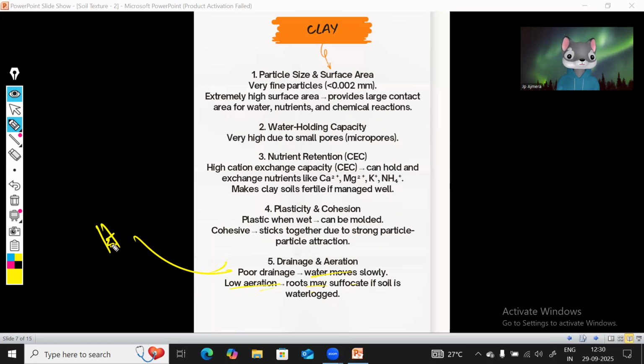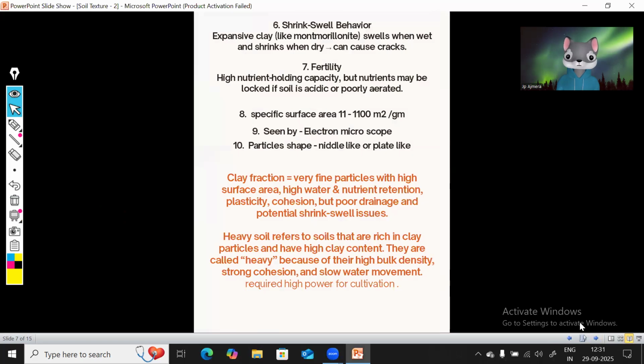Basically there will be lots of water, so there will be a deficiency of oxygen, and roots will suffer from aeration or respiration problems over time.